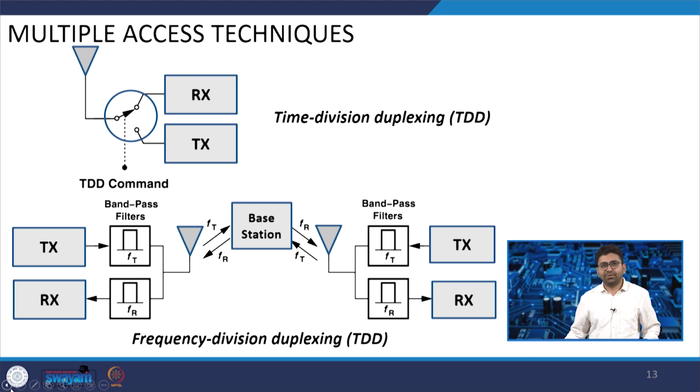One is time division duplexing, another is frequency division duplexing, because we want to reuse even the different frequencies for transmitting as well as reception. We will discuss much more in detail about the multiple access techniques in the next class.